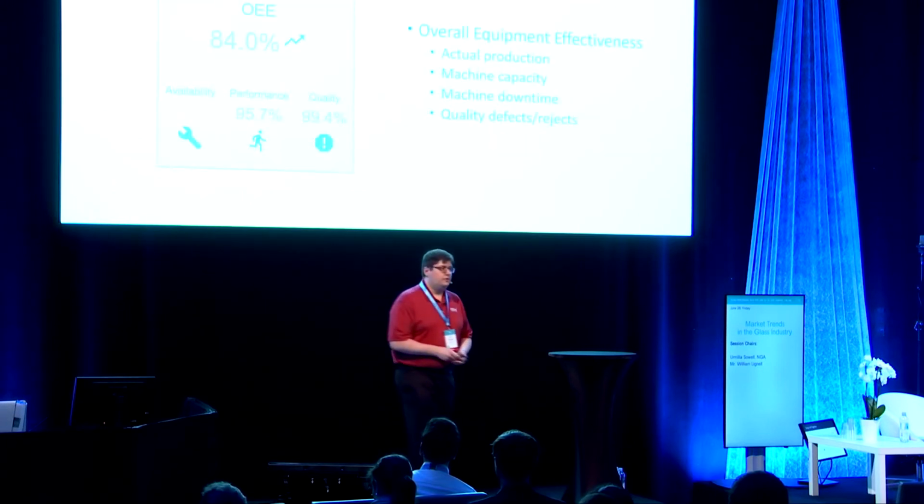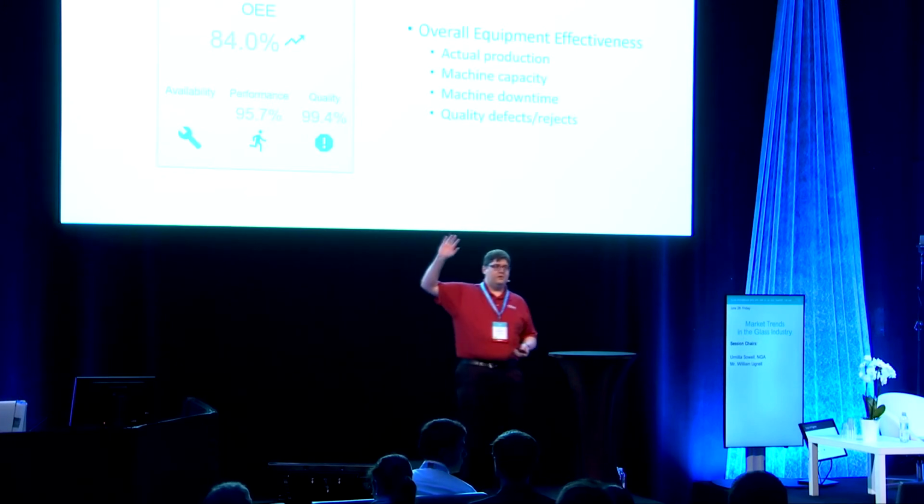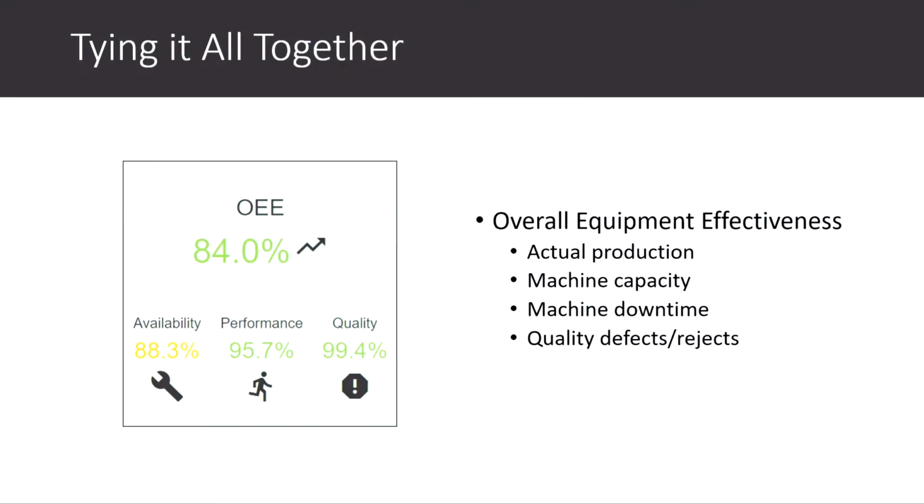And OEE. Who in here knows what OEE is? Overall equipment effectiveness. Okay. So OEE is basically a percentage of the effectiveness of your equipment, right? It's self-explanatory. But it's broken down into 3 areas. Availability: how available is the machine in terms of how well is it up compared to down for maintenance? Performance: how well are you maintaining schedule and operation of the machine?